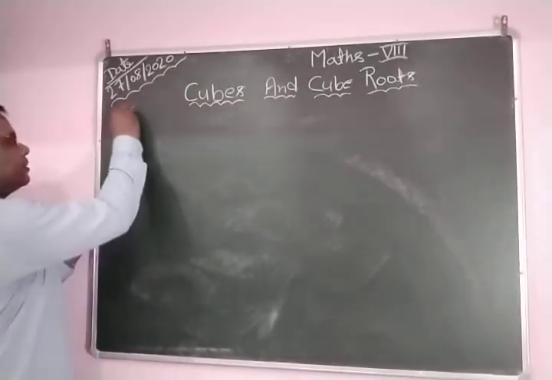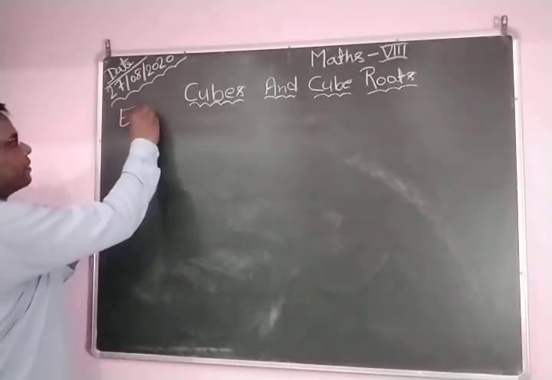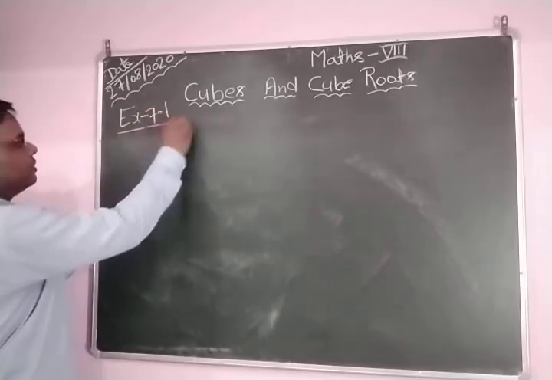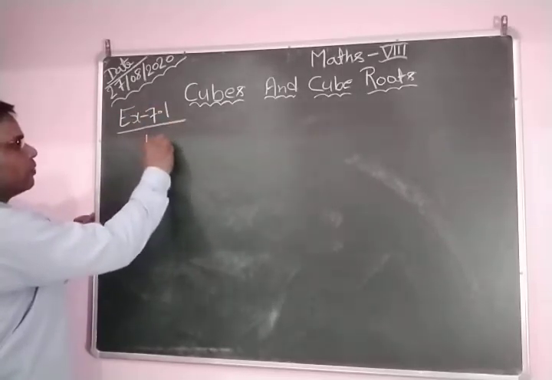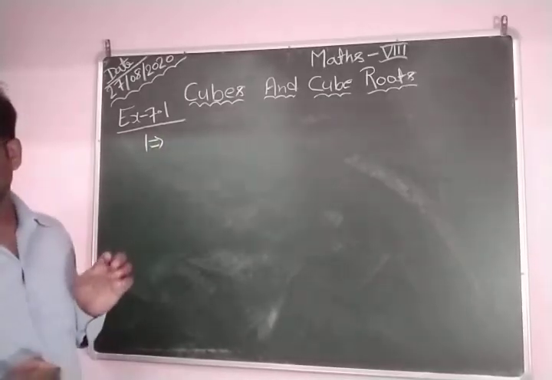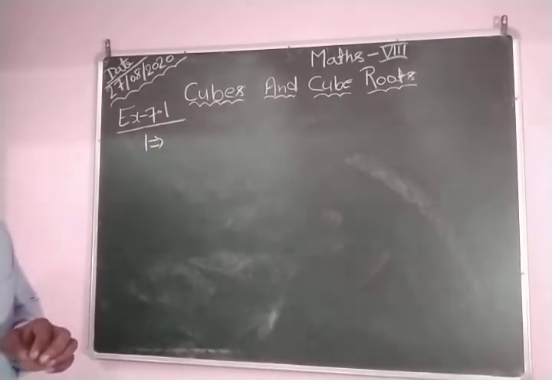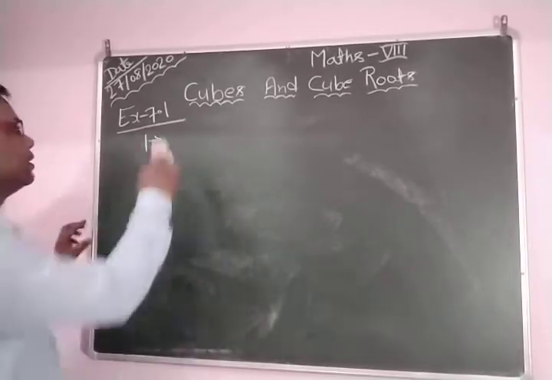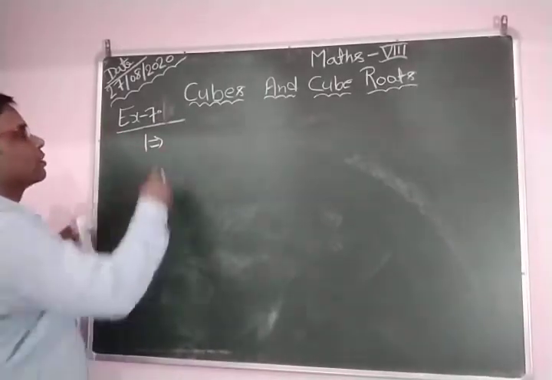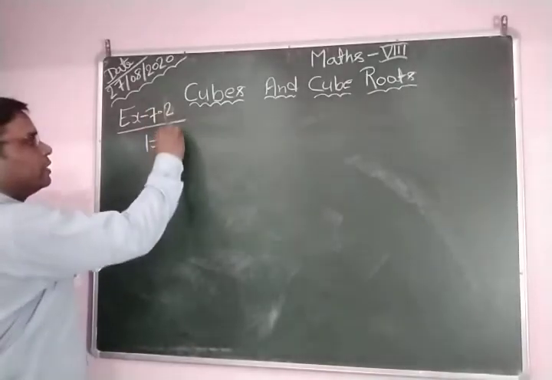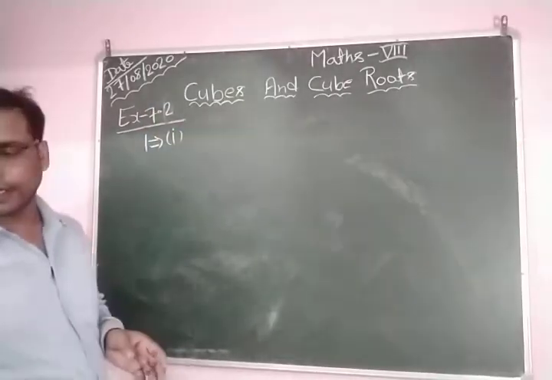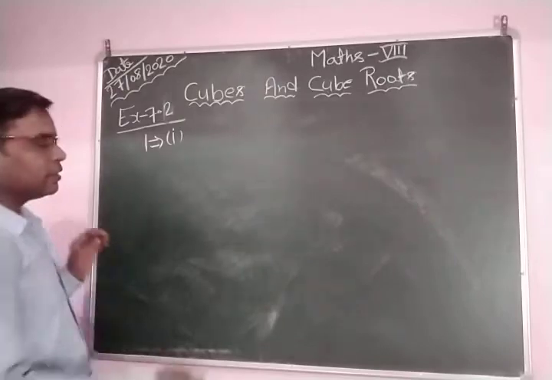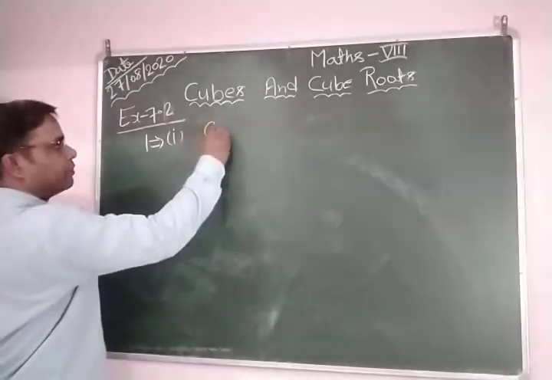This is exercise 7.2, question number 1. This is the first part. It is given that the given number is 64.